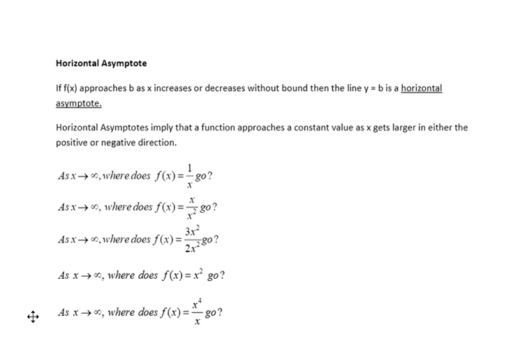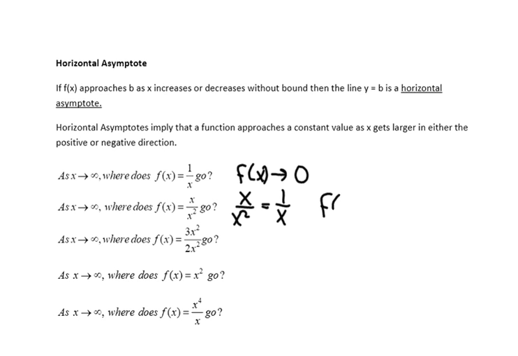So as x approaches positive infinity, where does f of x equal to 1 divided by x go? Well, if x is very, very large, I'm taking 1 divided by a very, very large number, and that's going to approach 0. So f of x would approach 0. Now, if I have something like x divided by x squared, similarly to what I just finished a minute ago, I can divide out an x on the top and the bottom, and now I'm back to 1 divided by x.